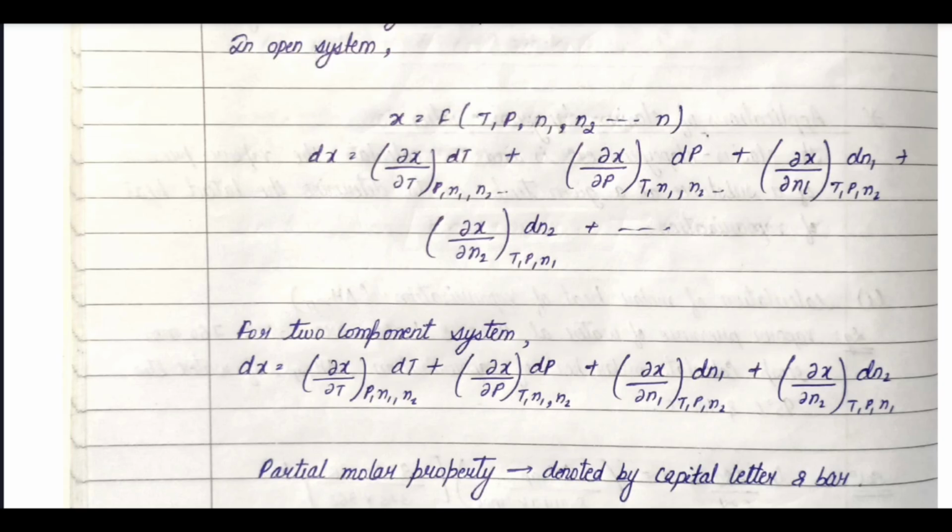So dX is equal to curly X by curly T at constant pressure, n1, n2 into dT plus curly X by curly P at constant temperature, n1, n2 and so on into dP plus curly X by curly n1 at constant temperature, pressure, n2 and so on into dn1 plus curly X by curly n2 at constant temperature, pressure, n1 and so on into dn2.